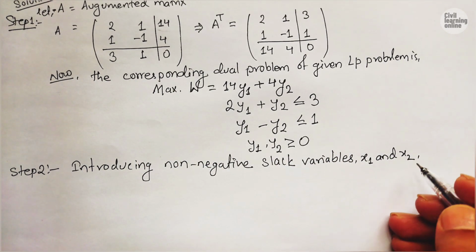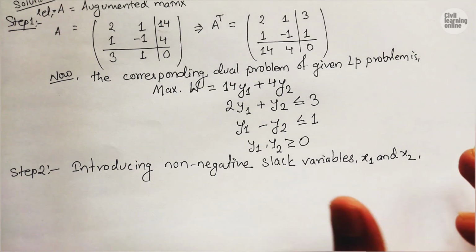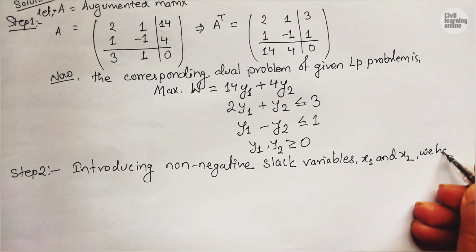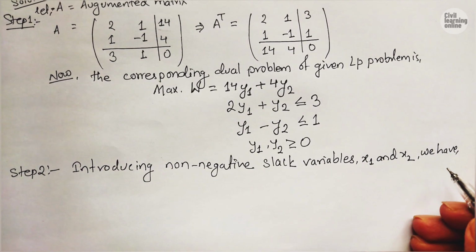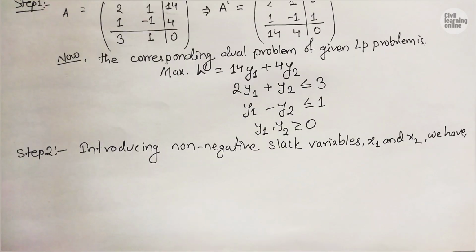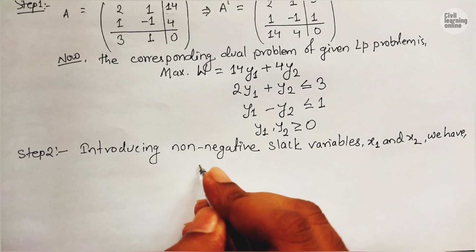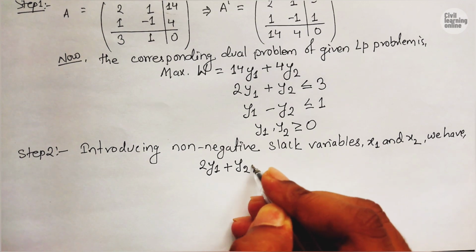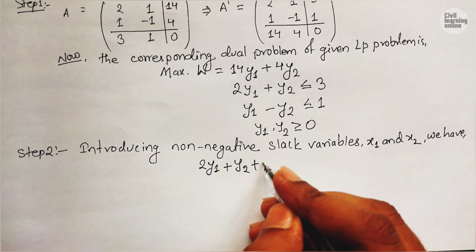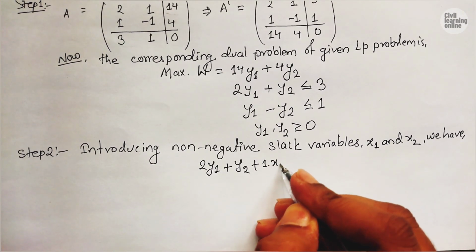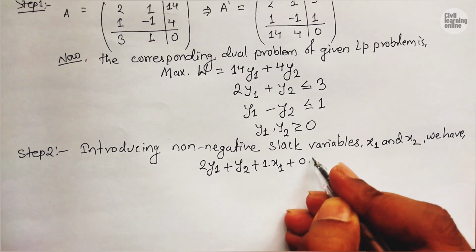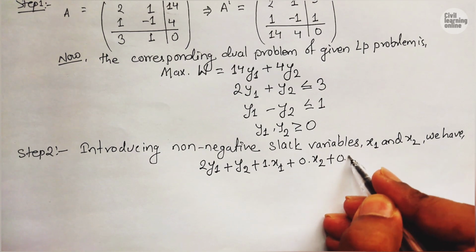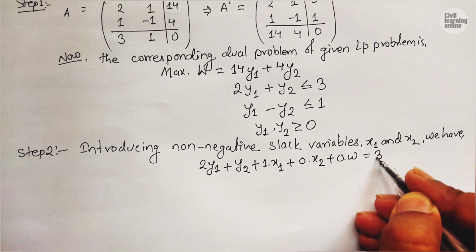And now proceed further. Once we have mentioned that we are going to introduce a slack variable, we will have here 2y1 plus y2 plus 1 times x1 plus 0 times x2 plus 0 times w equals 3.